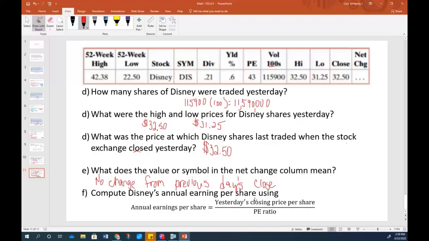Compute Disney's annual earnings per share. Now the annual earnings, again, this is the way that this is generally used. We're going to take the closing price per share and divide it by the ratio they give us. So that means we have $32.50 for that closing price.